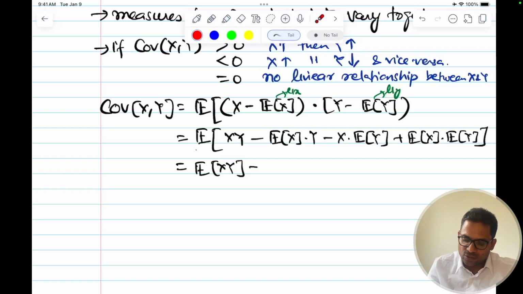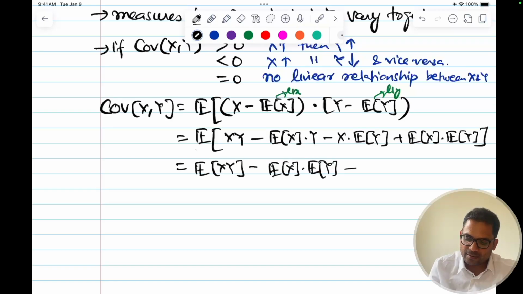As I mentioned, expectation of x is a constant value, and expectation of a constant value is the constant value itself, so nothing changes here. So this is expectation of x into expectation of y, minus again expectation of x into expectation of y, since expectation of y is a constant value, and then the last term is plus expectation of x into expectation of y.